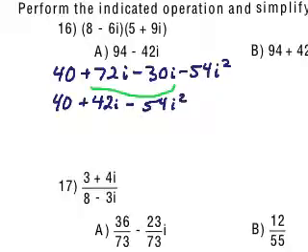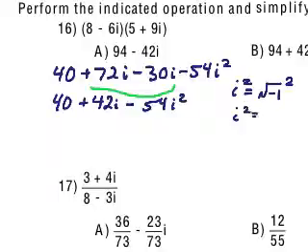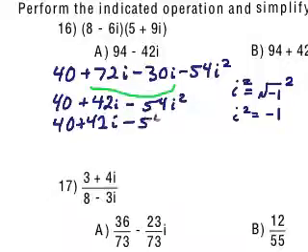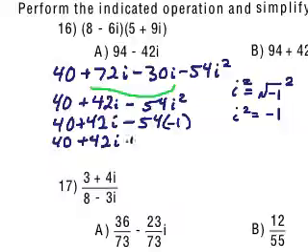Since i equals the square root of negative 1, i squared is the square root of negative 1 squared, so i squared equals negative 1. So we change this: we have 40 plus 42i minus 54 times the negative 1. That gives us 40 plus 42i plus 54.